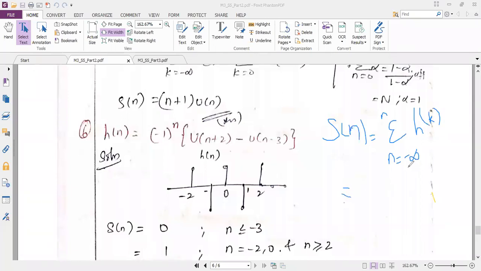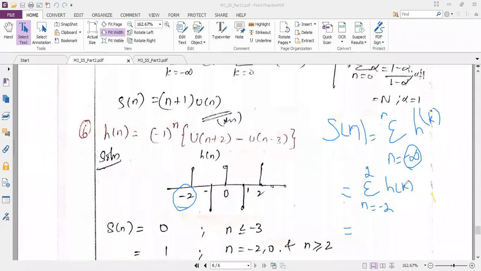Here the lowermost limit cannot be minus infinity because I have the sample at minus 2. So when I expand the summation, let me write the limits: minus 2 to plus 2, h of k. Now we will just expand this.